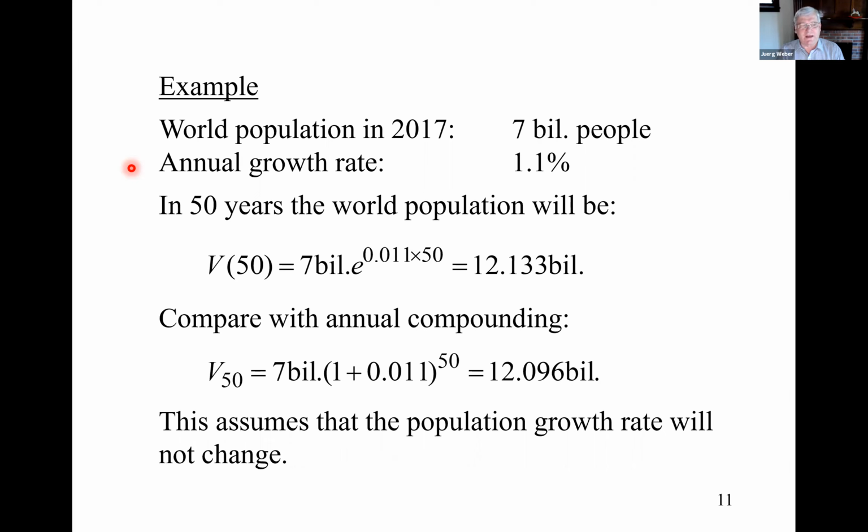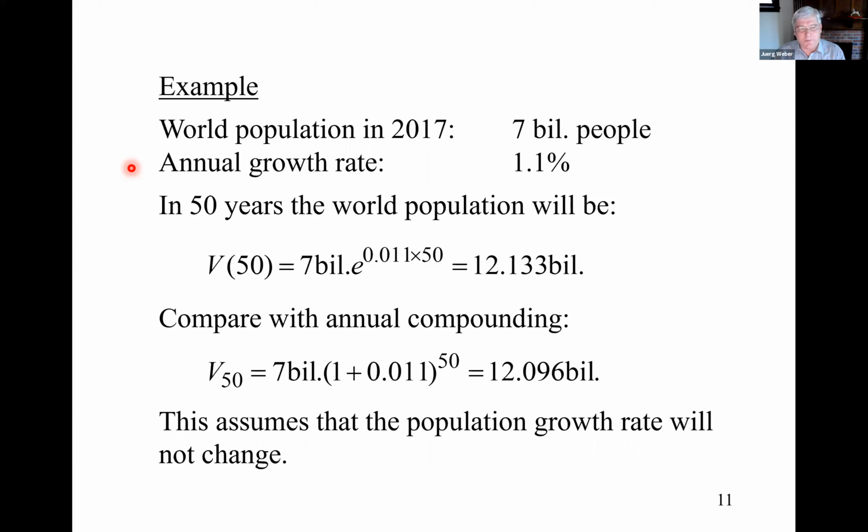Also Afghanistan, I think, is up at 4%. But in the developed countries, Europe, the population growth is much less. In some countries, populations may even fall, like Italy or Russia. On average, it amounts to about 1.1% population growth in the world per year.